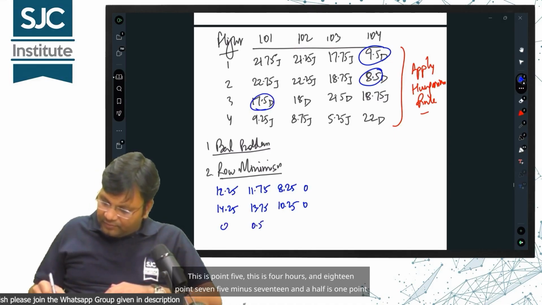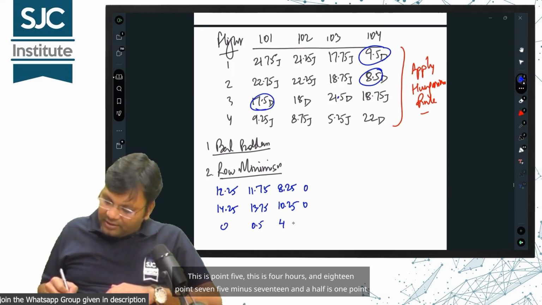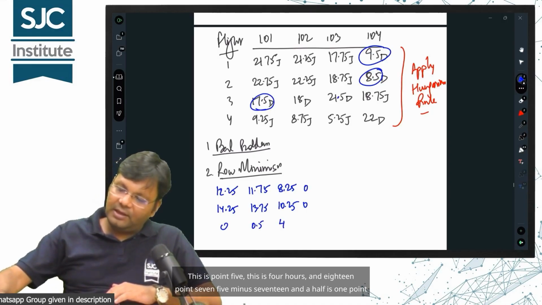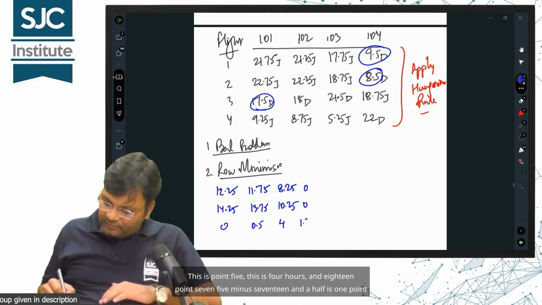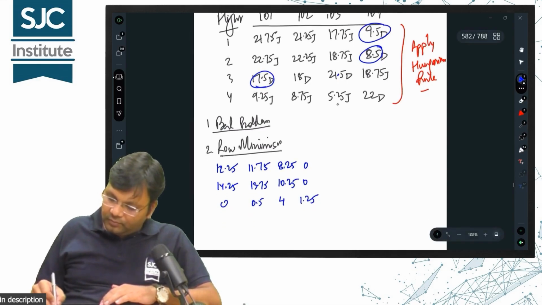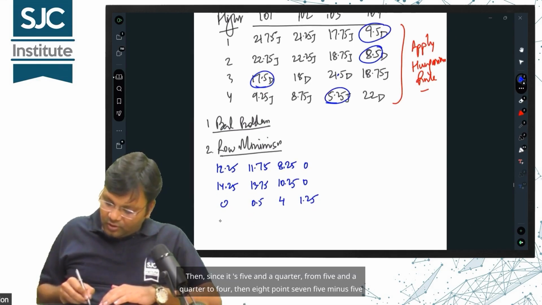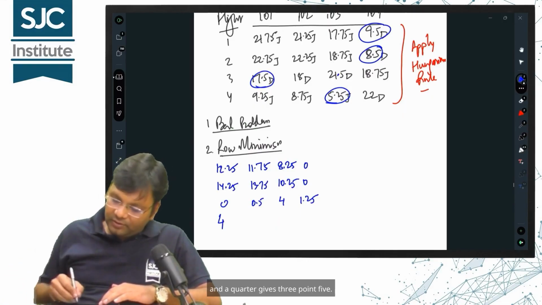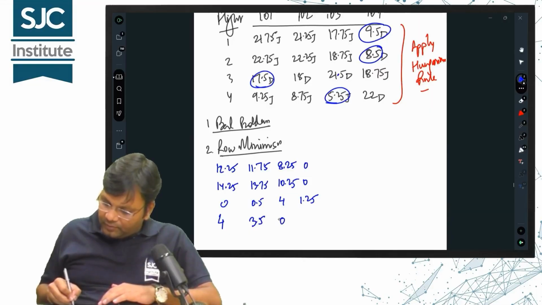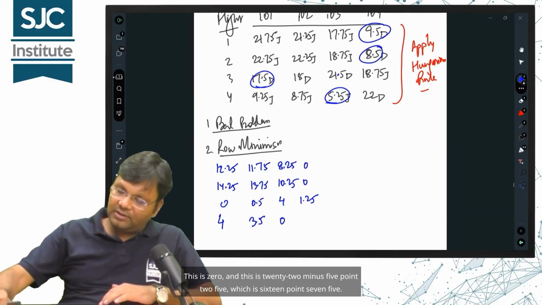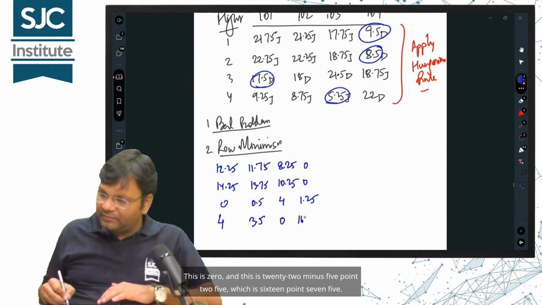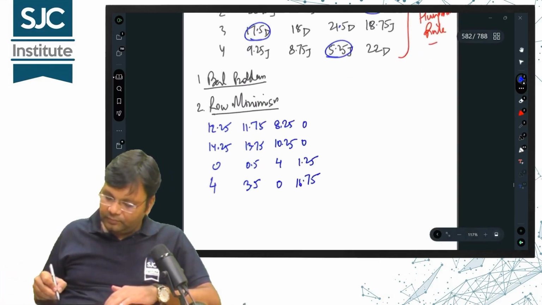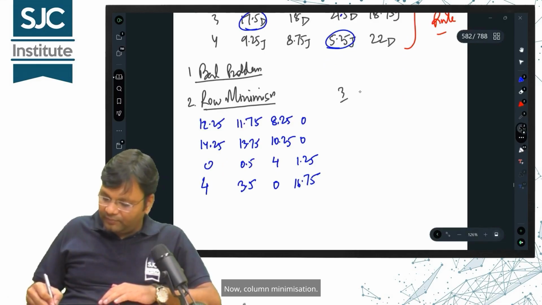This is 0.5, this is 4, and 18.75 minus 17.5 is 1.25. Then, since it's 5 and a quarter, from 5 and a quarter to 4, then 8.75 minus 5 and a quarter gives 3.5. This is 0, and this is 22 minus 5.25, which is 16.75. Now, column minimization.